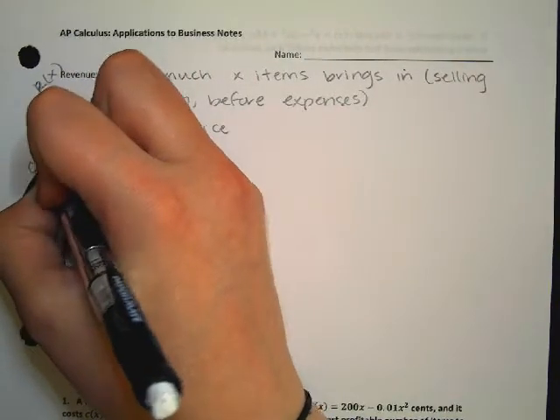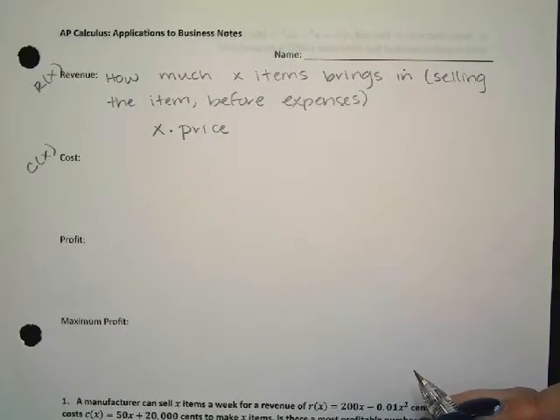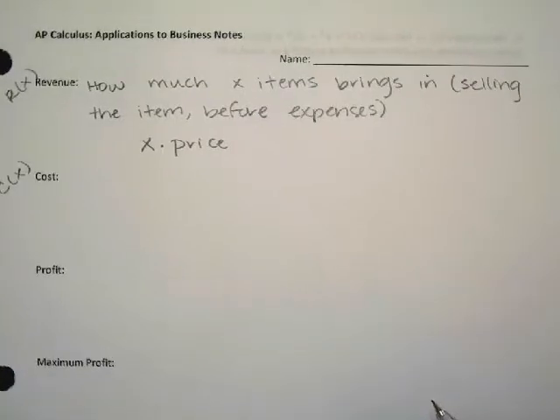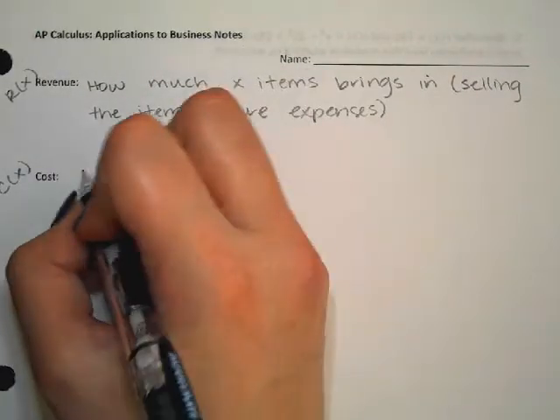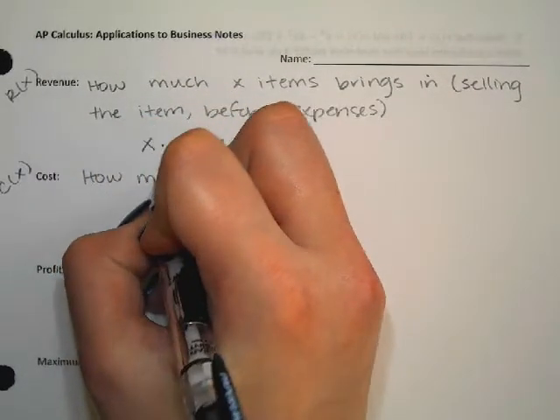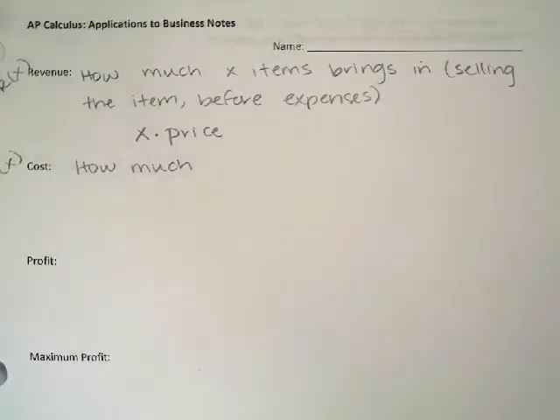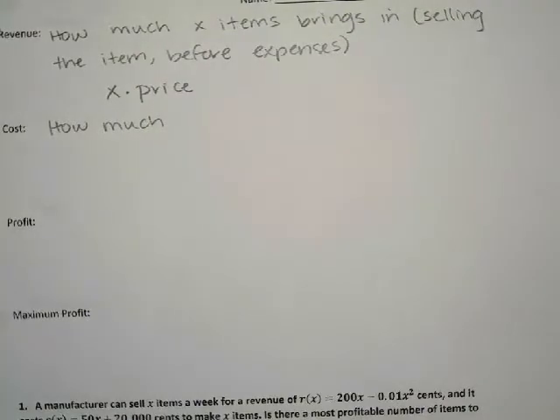Cost is going to be C of X. And that's how much it costs to make X items. That's your notes for tonight.